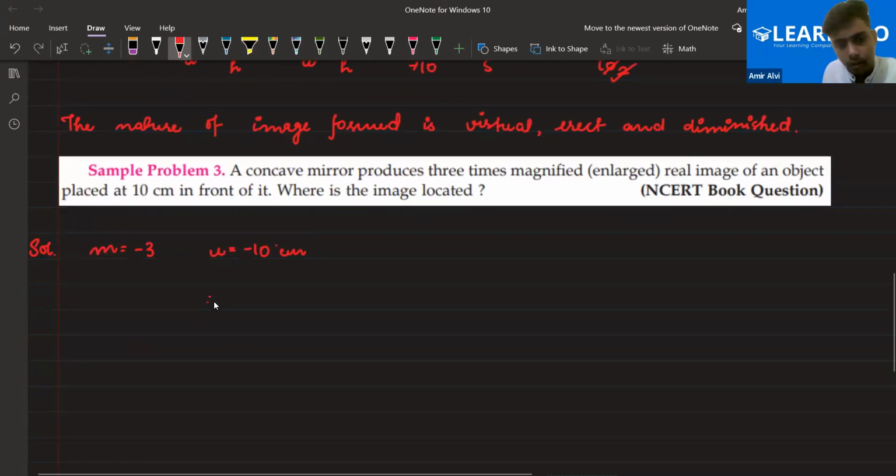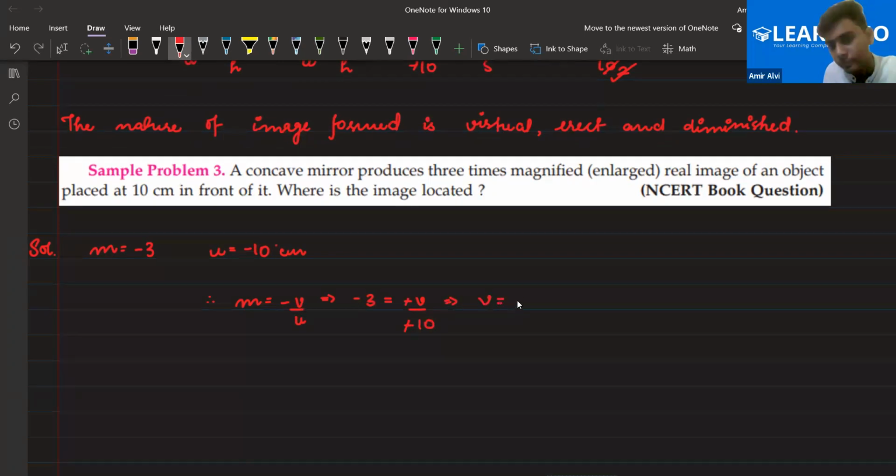The formula says m equals minus v by u. So -3, substituting the values, equals -v divided by -10. This negative will cancel this, and 10 will go there. So v will be equal to -30 centimeter.